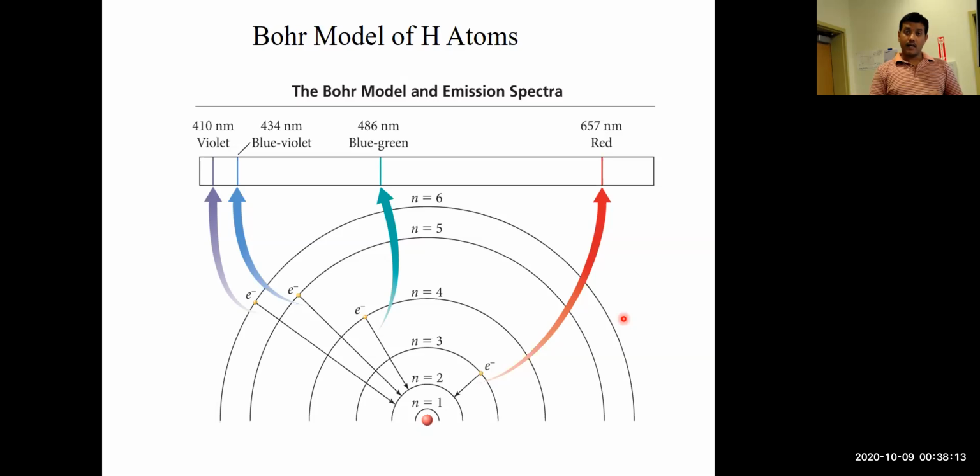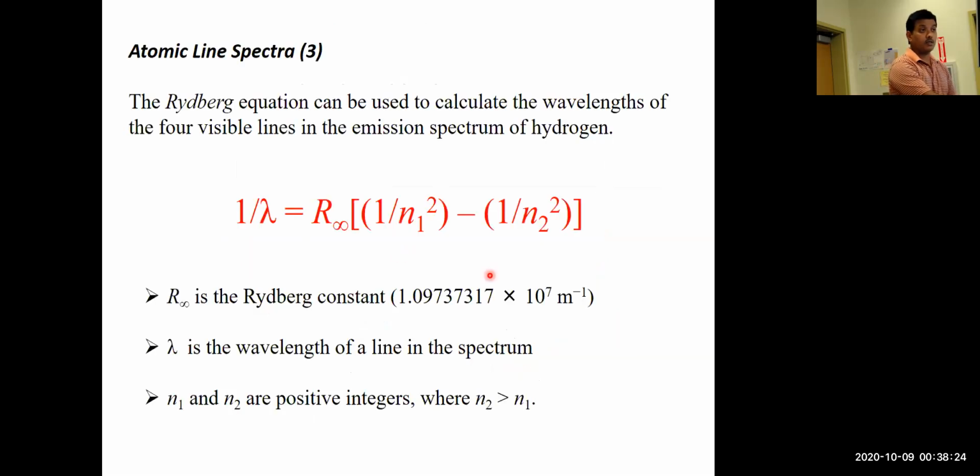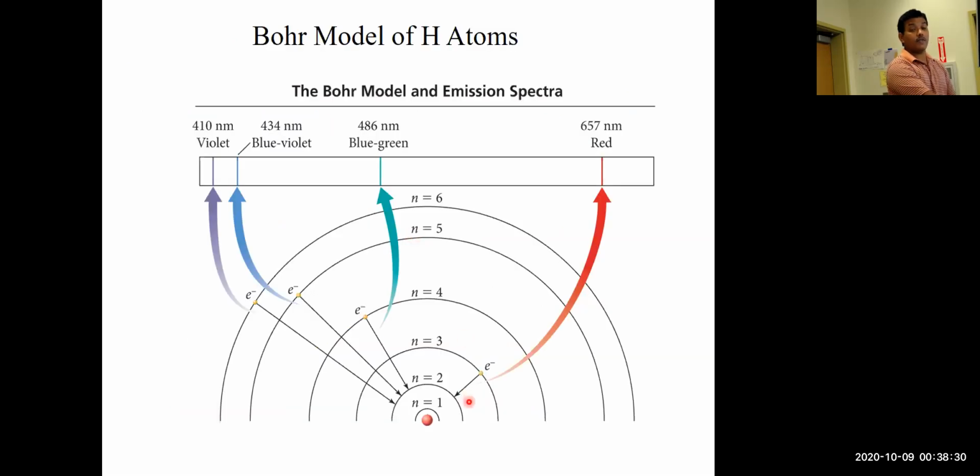He explained the hydrogen atom emission spectrum based on the Rydberg equation, where n2 is the greater shell and n1 is the smaller shell. These are the integers of n, where n could be 1, 2, 3, 4, 5, or 6. The larger the number, the farther it is from the nucleus.